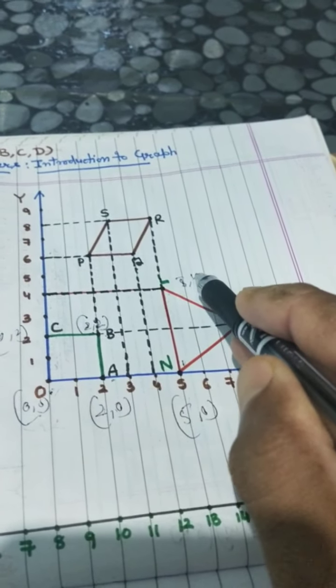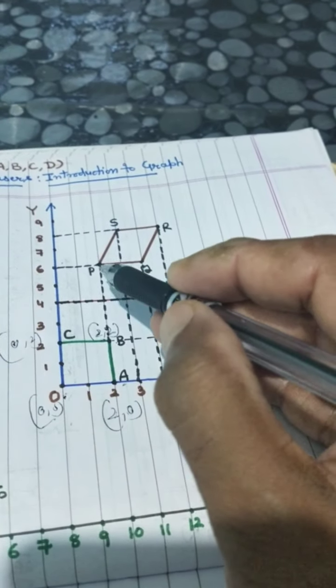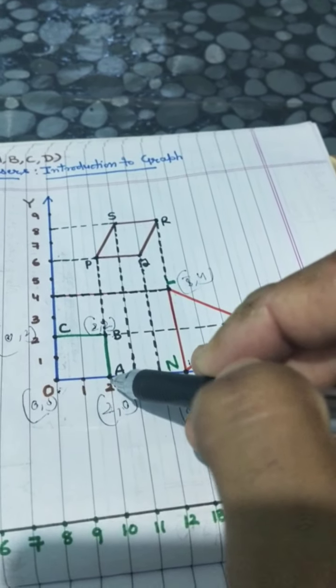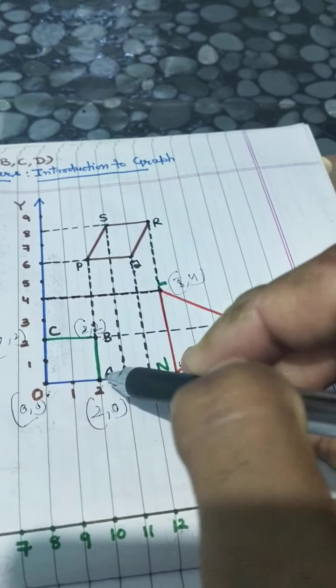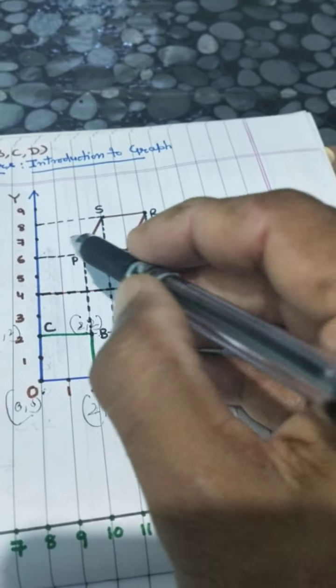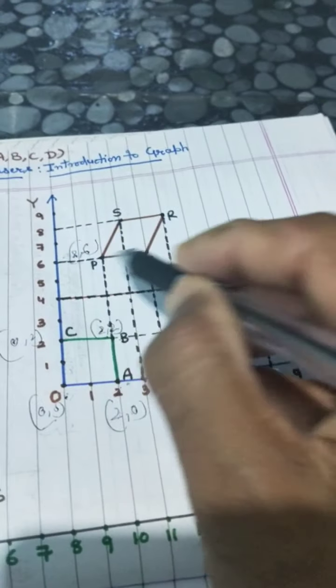L is (5, 4). Next, PQRS. Join with the help of a scale. What is P? The x coordinate is 2 and the y coordinate is 6: (2, 6).